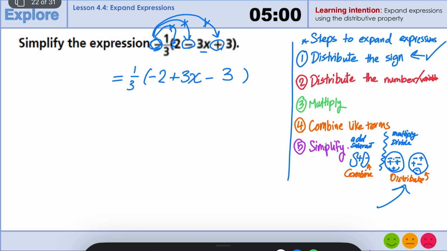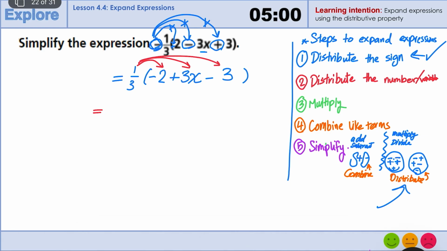Distribute the number. I have 1 over 3. Let's go ahead and distribute it to all terms inside the bracket. So 1 over 3 times the 2, the 3x, and the negative 3. Let's go ahead and do it. Remember the rule. First of all, you write the sign outside. Then you multiply 1 over 3 times 2.